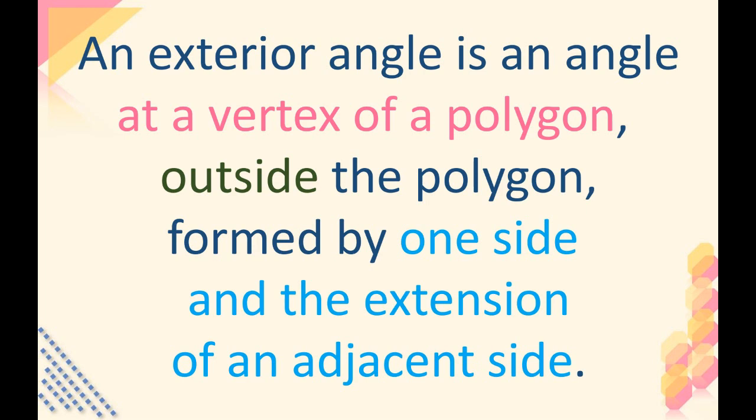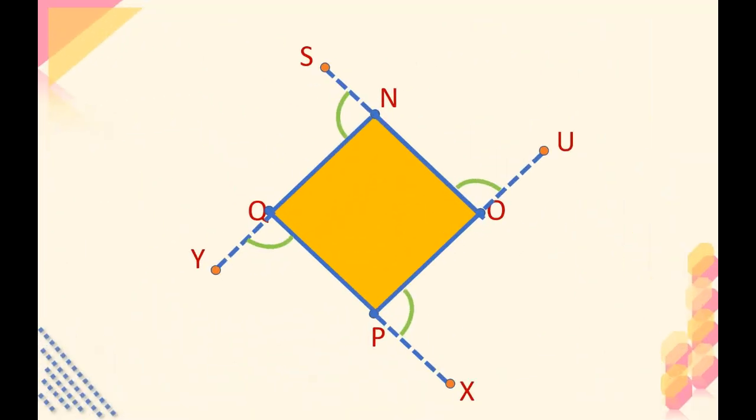Now, let us look at the relationship that exists between the interior and the exterior angles of a polygon using this figure. So we have this exterior angle SNQ, and here's its adjacent interior angle ONQ. What relationship can you see between angle SNQ and angle ONQ?